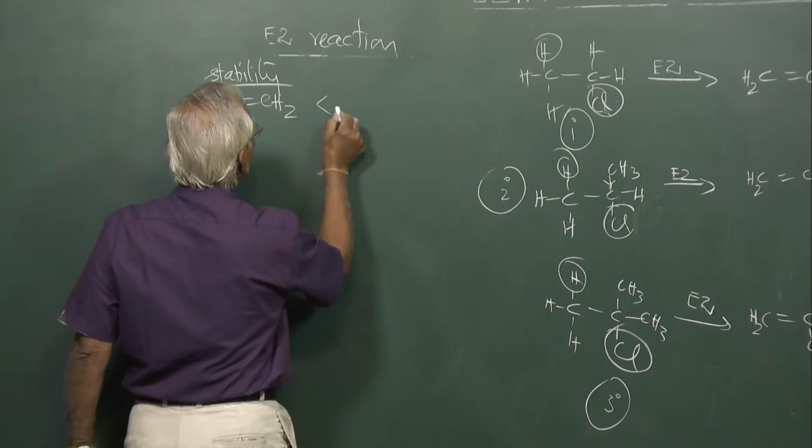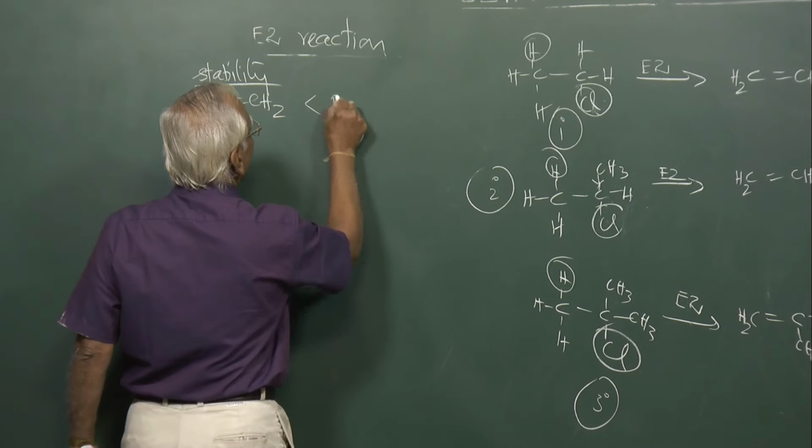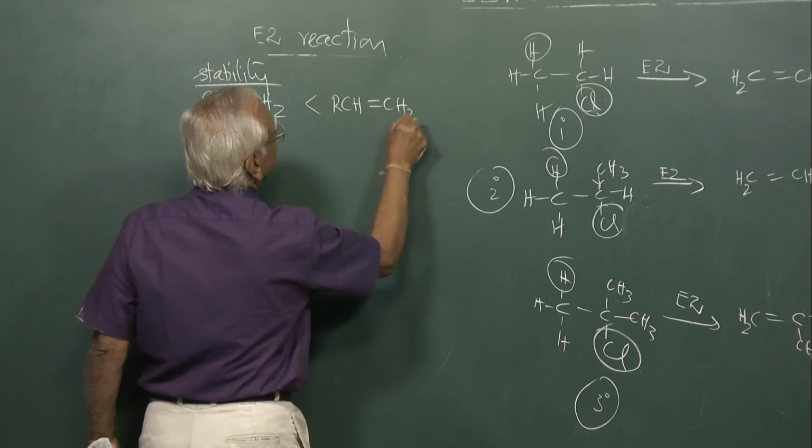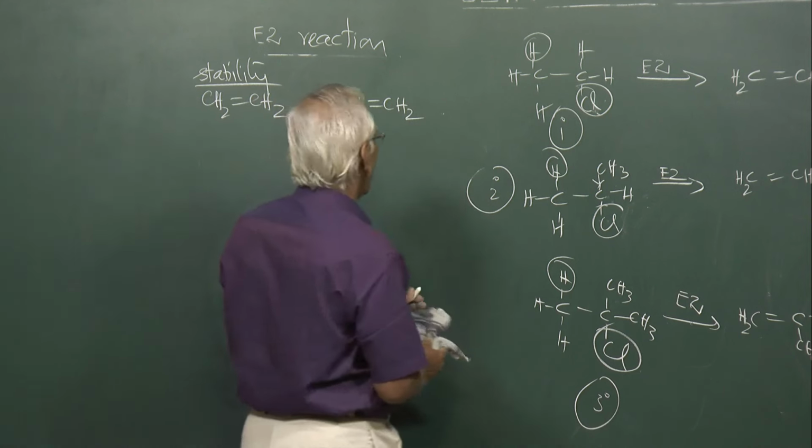It is less stable than monoalkylated alkene, where one of the hydrogen atoms is replaced by an alkyl group. Less stable, monoalkylated alkene.